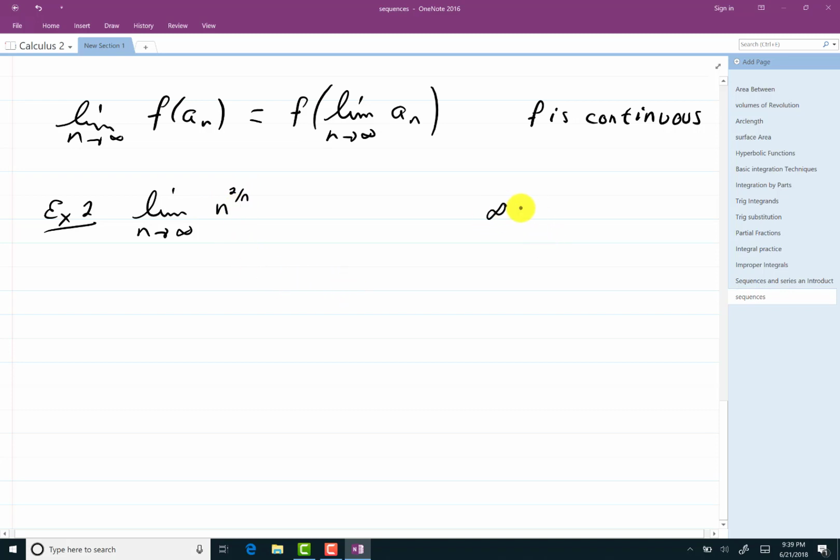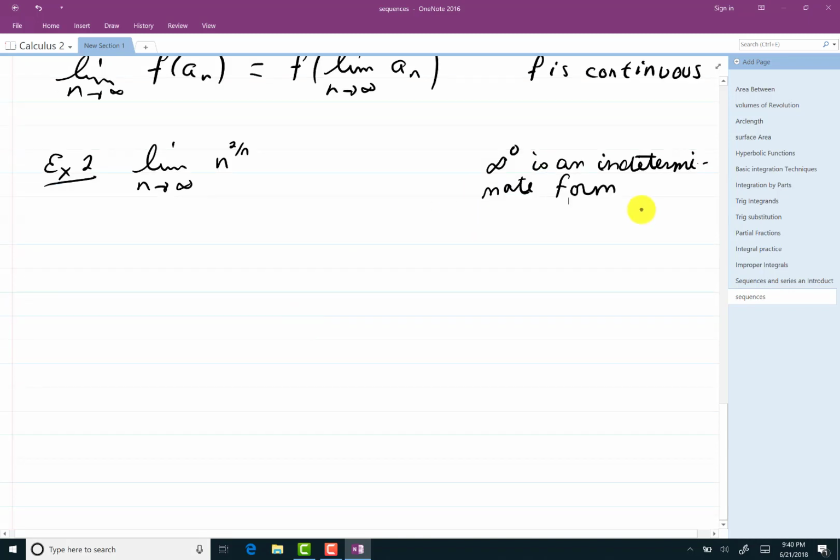An infinity to the 0 is an indeterminate form. That means you cannot decide based on this alone. You have to do some more stuff.